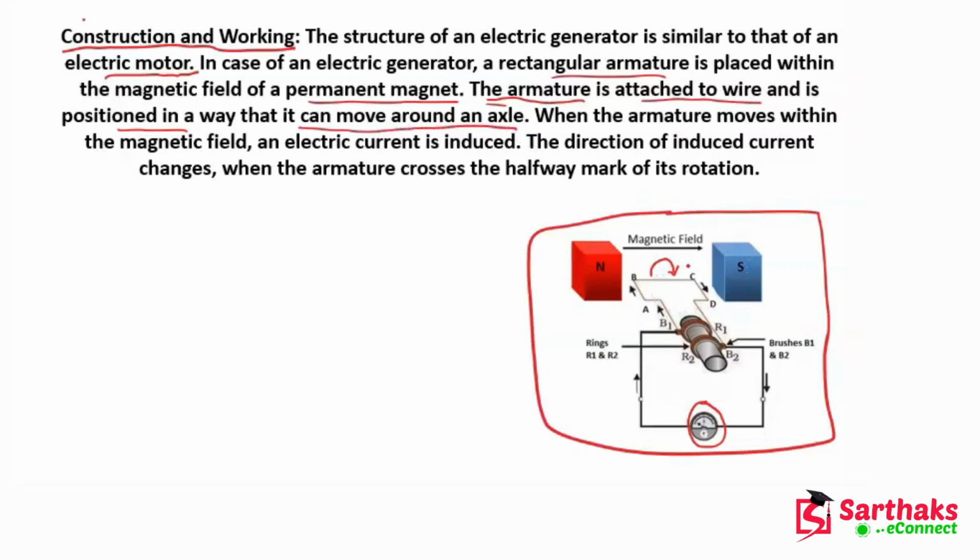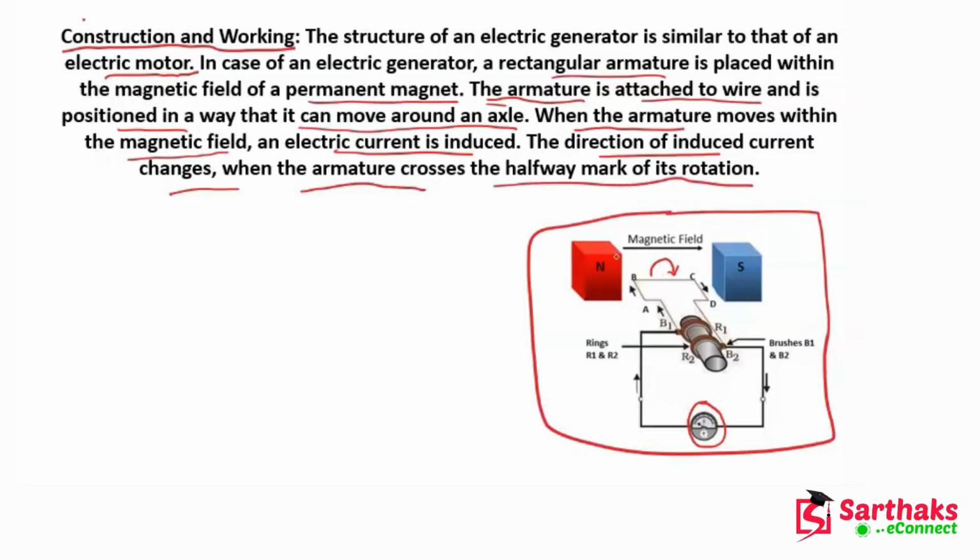When the armature moves within the magnetic field, an electric current is induced, and the direction of the induced current changes when the armature crosses the halfway mark of its rotation.